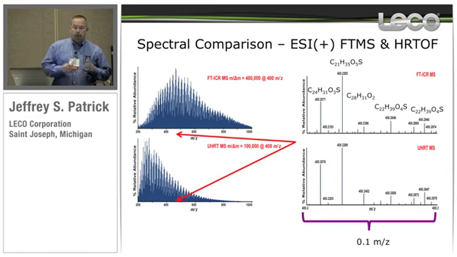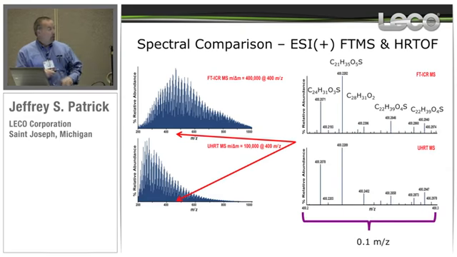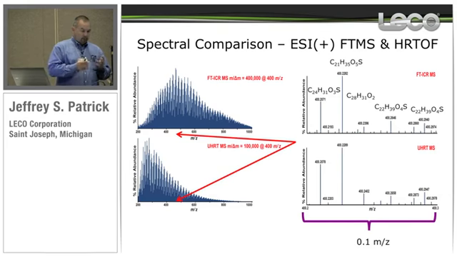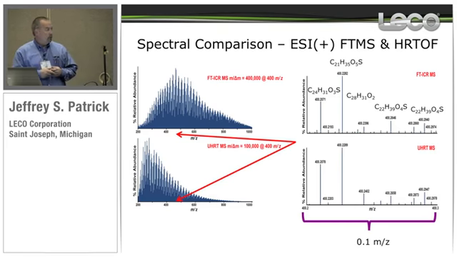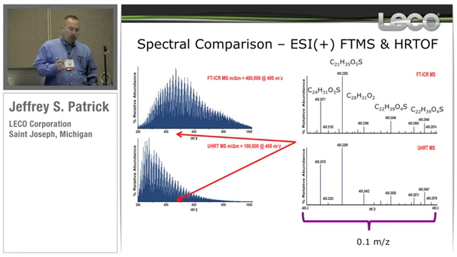So for spectral comparison, let's get to the data. That's really why you're here. This is an FTMS. This is an HR TOF at the bottom. Same sample, done very close to the same time, same or similar preparation. Resolving power about 100,000 here, and FTMS 400,000, but at the lower mass range.